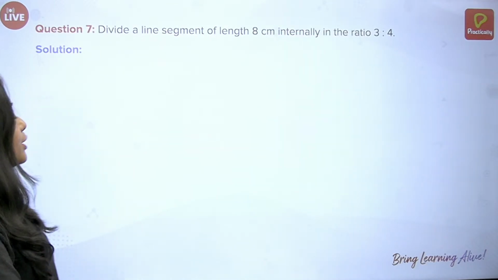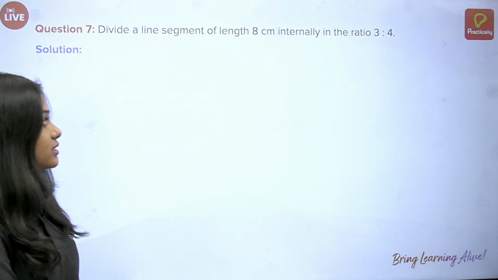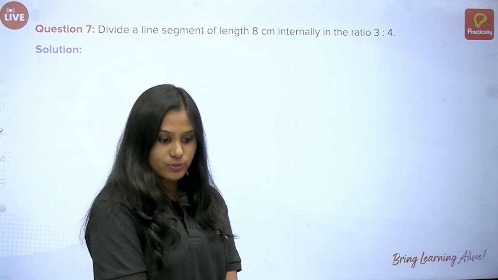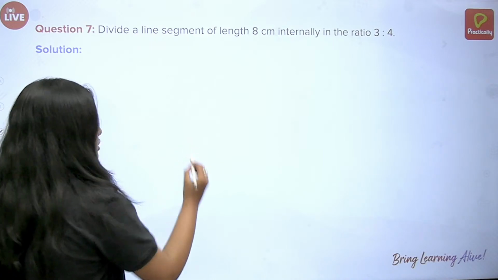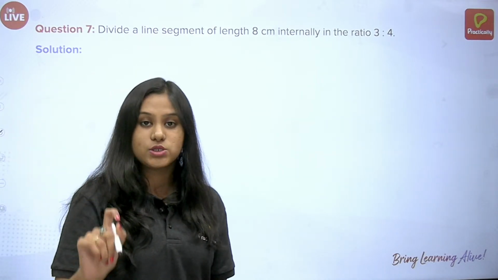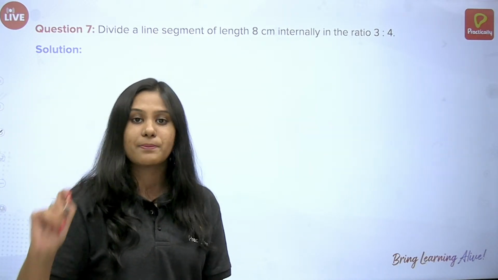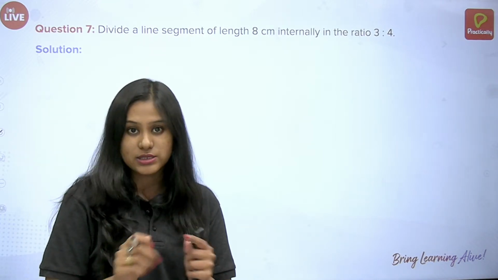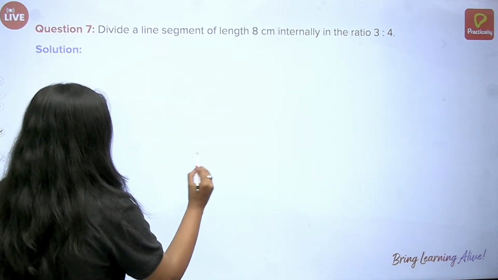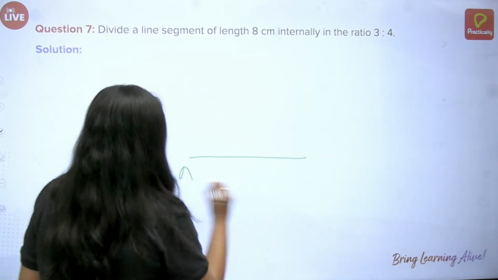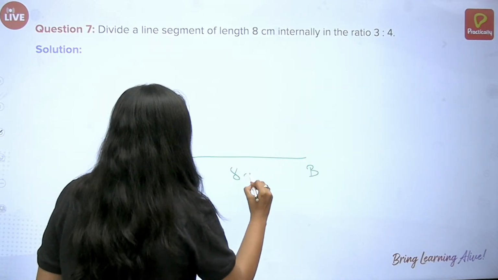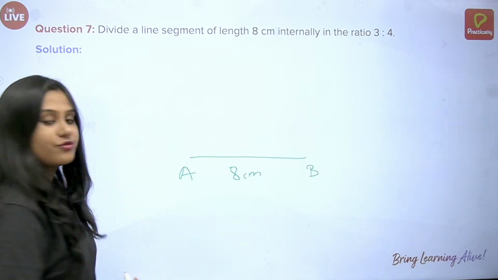Divide a line segment of length 8 centimeters internally in the ratio 3:4. Okay, first let us draw. Also, for constructions, please use ruler, compass, and a sharp pencil. Right. So, AB, 8 centimeters. We have to divide in the ratio of 3:4.